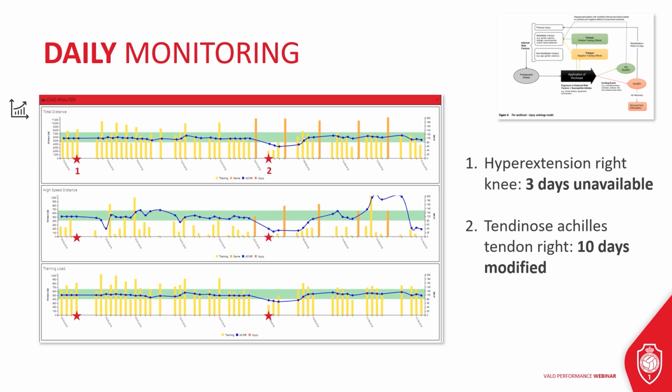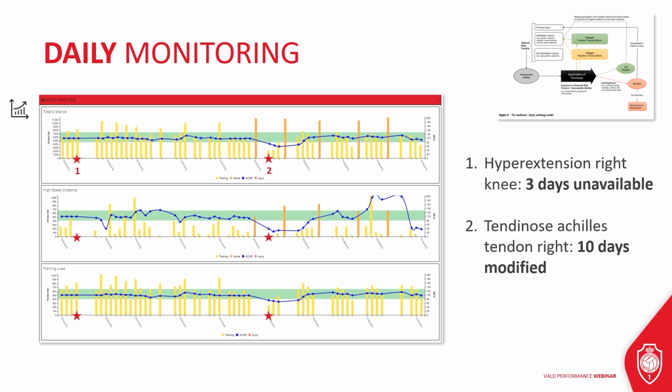And then later on, after the first game, because you can see the orange bars starting beginning of August, so it's the beginning of the season after the first game. Again, he had a minor injury, tendinous Achilles tendon right side. He was not unavailable, but for 10 days he had to be in a modified training stage.